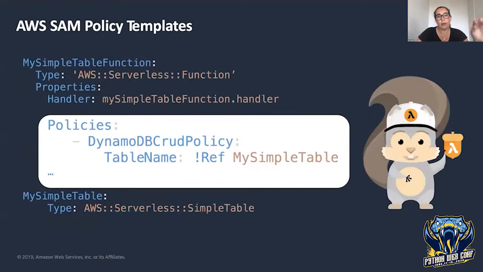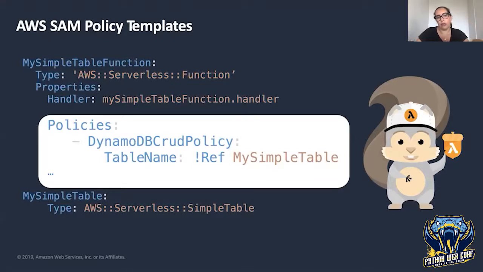Then we have the SAM Policy Templates, and these are also shorthand ways to create permissions for your functions. These are a great way to use SAM, because defining IAM permissions in AWS is kind of hard if you don't know how to give the permissions. If you're using these SAM policy templates, they already have the right amount of permissions for doing the tasks that they say they do.